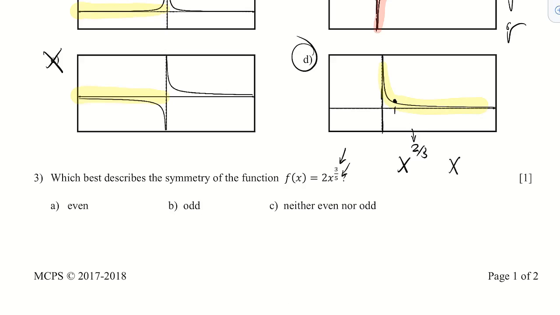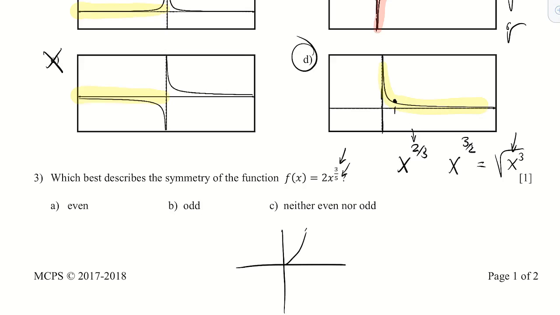But if I have, let's say, 3/2, this makes it neither an even nor an odd function, because really this means the square root of x to the 3rd power. We just talked about in our last problem that if we have a square root, a 4th root, or a 6th root, we can never have any negative values, so it's neither odd nor even. When I say odd or even, that means it has either even symmetry or odd symmetry.